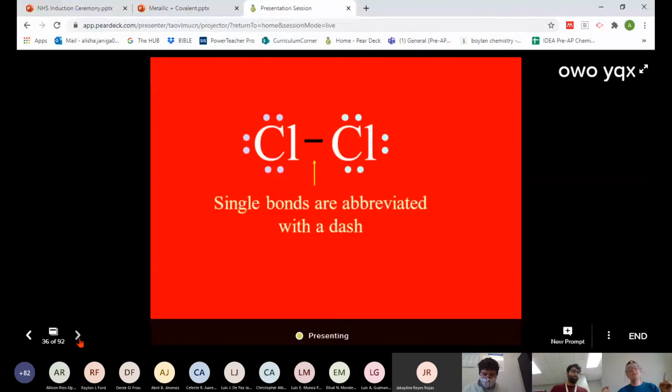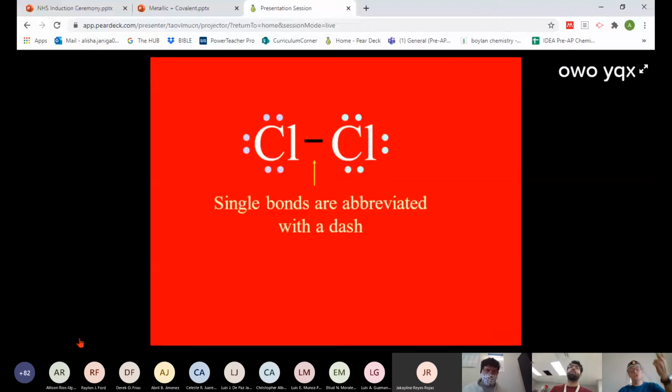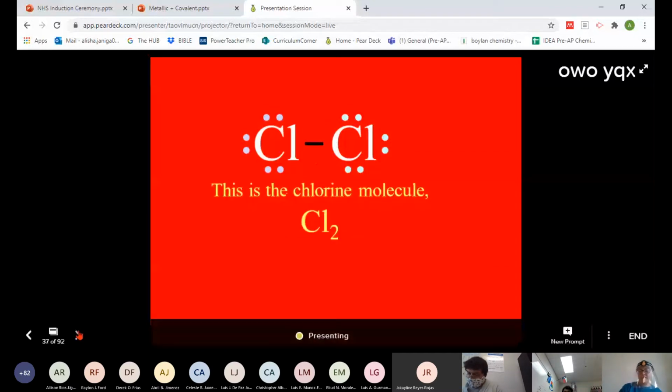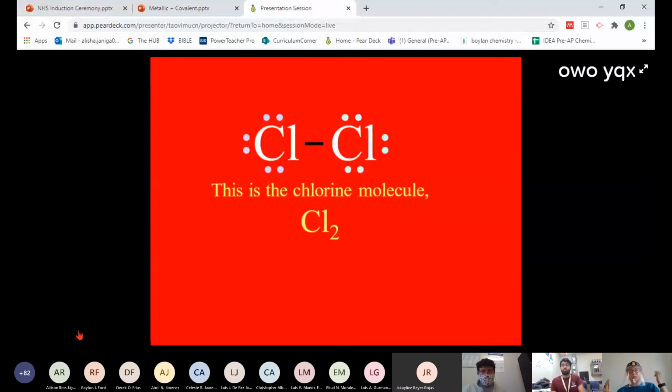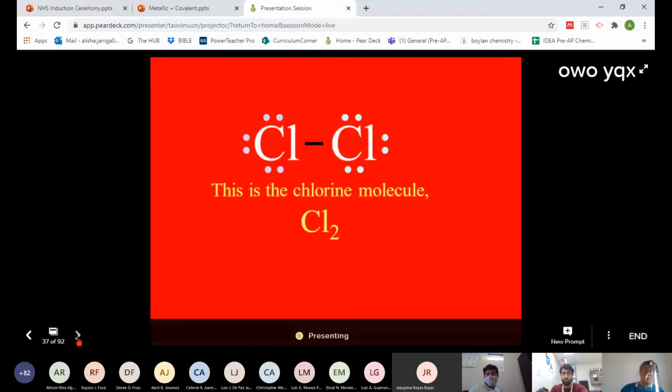So if you see a single line, that indicates 2 electrons are there. 1 line, 2 electrons. One more time, just so we're clear. One line, 2 electrons. And so we call this Cl2 because we got 2 Cls, 2 chlorines.